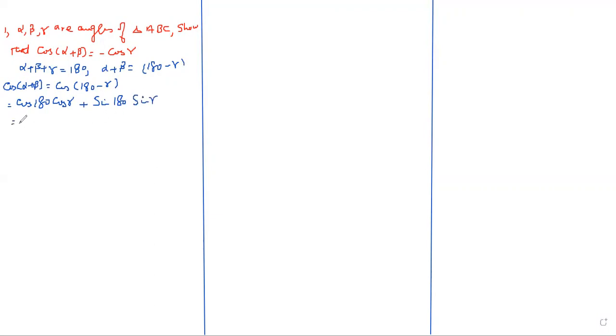Cosine 180 equals minus 1 times cosine gamma, plus sine 180 is 0 times sine gamma, which equals minus cosine gamma. So hence proved. Right, I hope you understand it well.